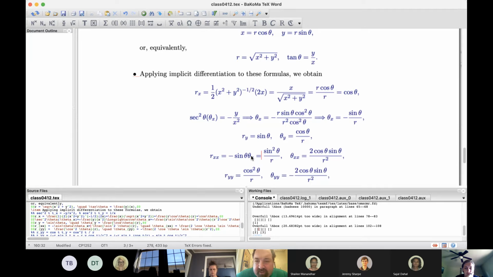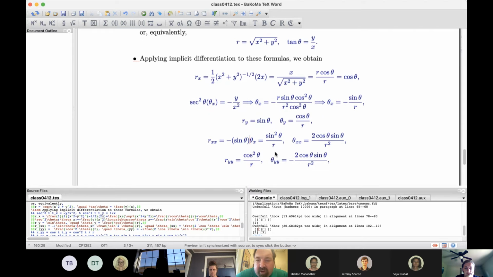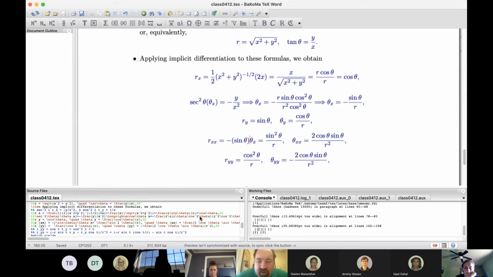But d theta/dx is minus sine theta over r. So I just put that in here. Let me use some parentheses here to make this a little clearer. And I get sine squared theta over r. And all of these others can be worked out in a very similar manner. So this will help me express derivatives of u with respect to x and y as derivatives of u with respect to r and theta. Are there any questions about these?